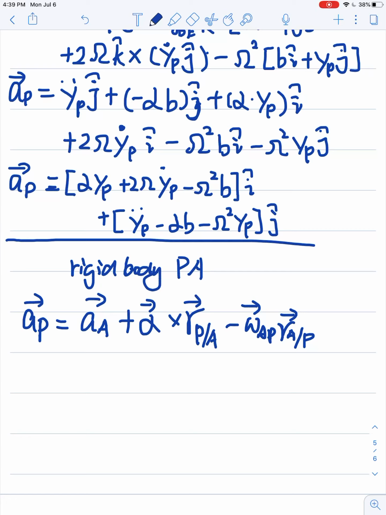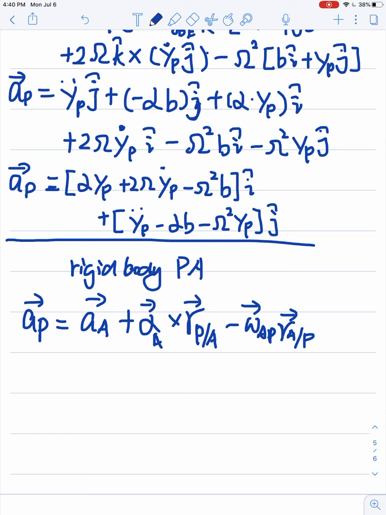Okay. Here I want you to pay extra attention to the alpha and omega here. Since we established this equation from this rigid body PA, the acceleration alpha and omega here should be the angular acceleration and the angular velocity for the rigid body PA. Therefore, make sure you add a subscript AP.